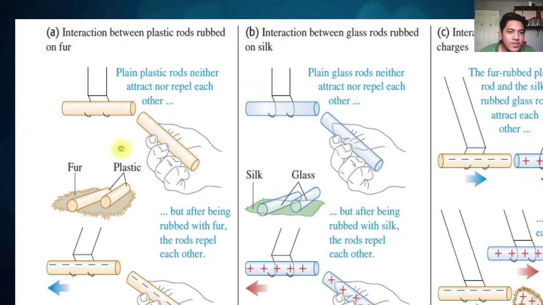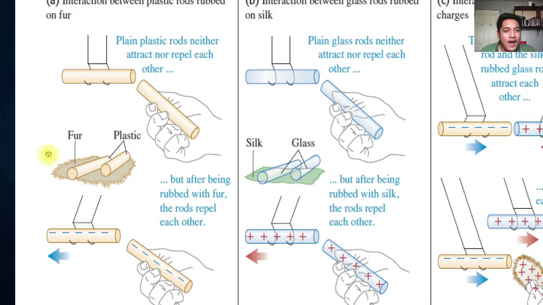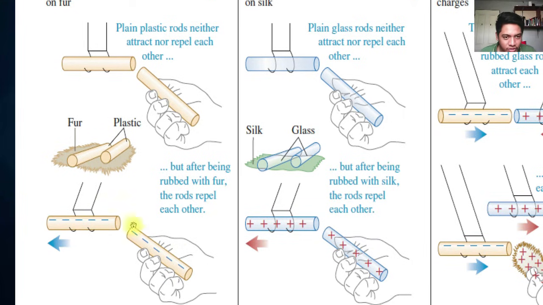Suppose that these plastic rods are rubbed against the fur. We are going to charge these plastic rods by friction again. By friction, it turns out, class, that the plastic rods gain electrons from the fur. So after rubbing, the plastic rods become negatively charged, both of them.